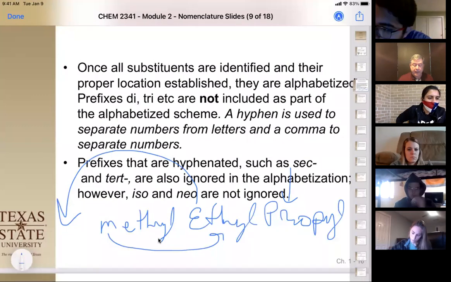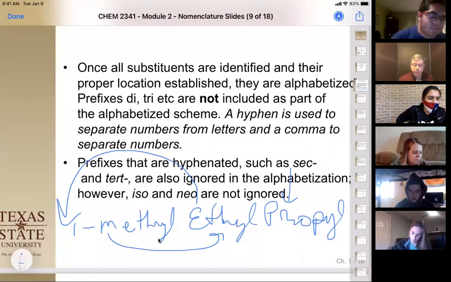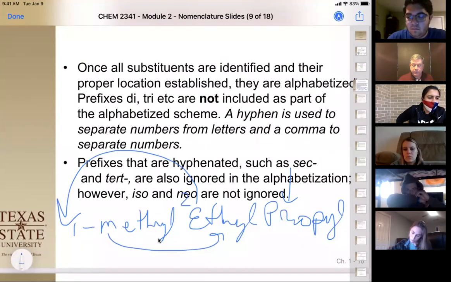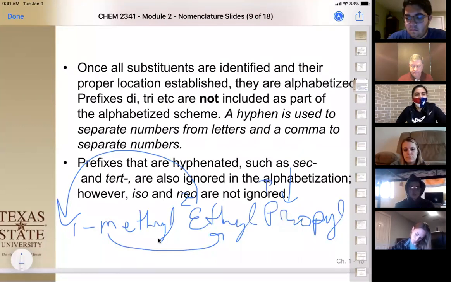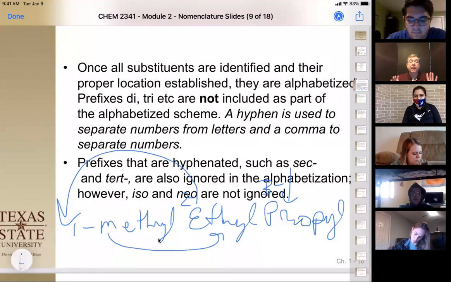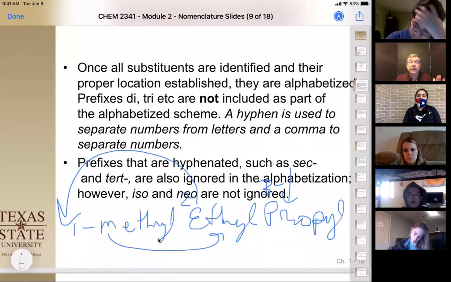But you would also add a number, like the methyl is on the 1, the ethyl is on the 2, and the propyl is on the 3, where it would be. So if they are not the same, you still number by the first one given, but you alphabetize the substituents next.